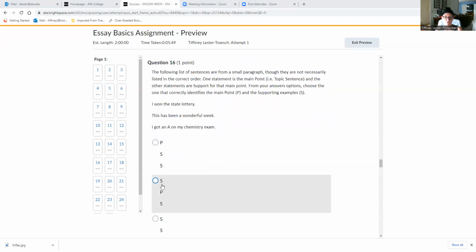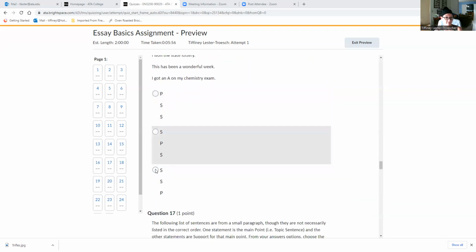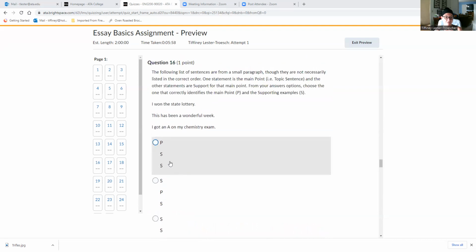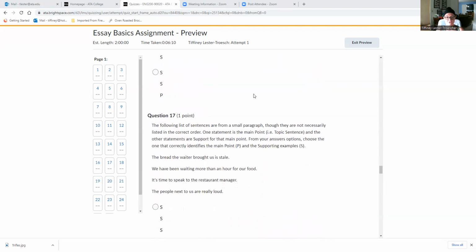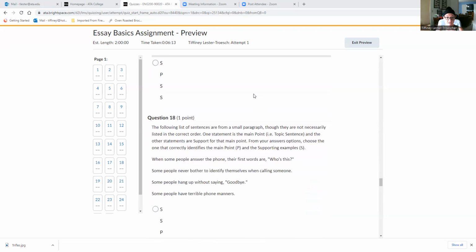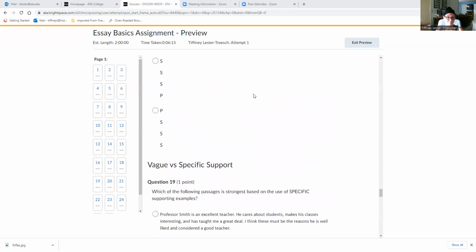Or do you think it goes SPS, support, point, support? So you'll choose from here, and the P's and the S's correspond to which sentence you think is the point, which ones you think are the support. We did this in the support PowerPoint as well. There were some examples. And you'll do that for 17, and you'll do that for 18.